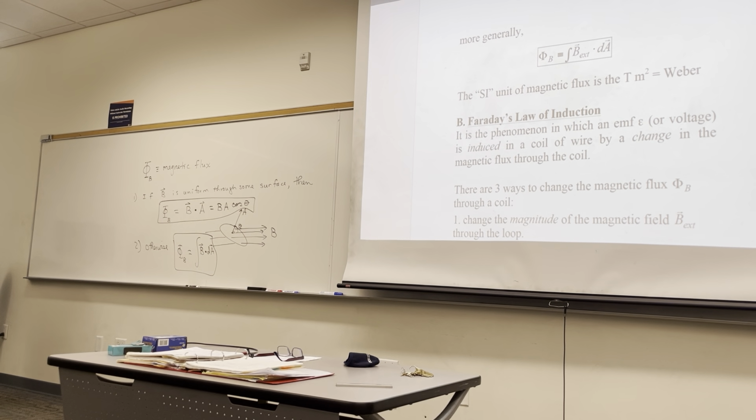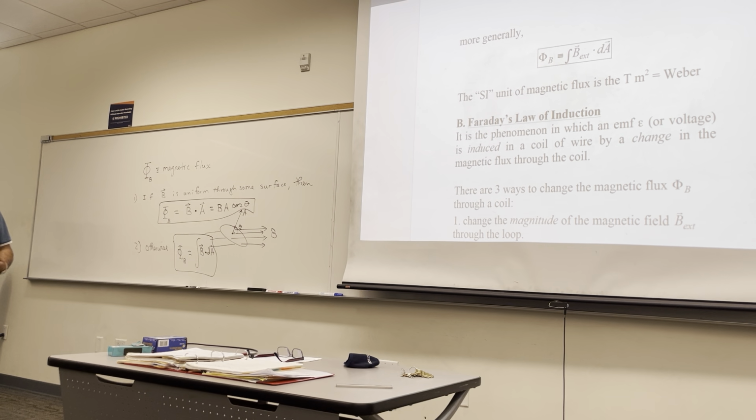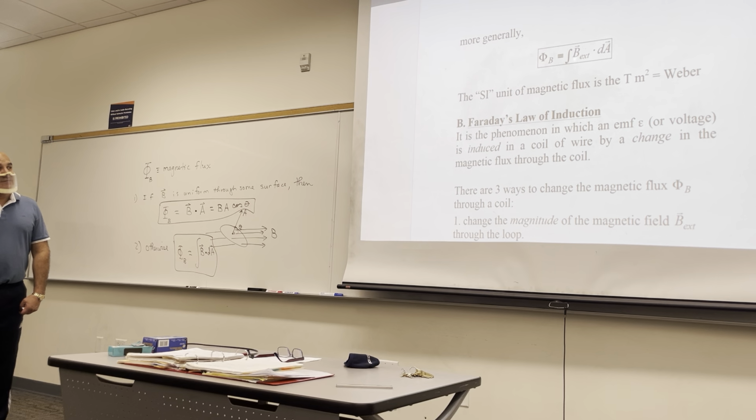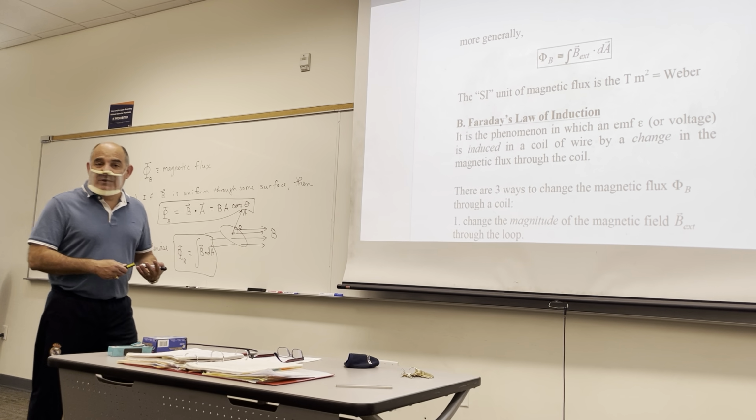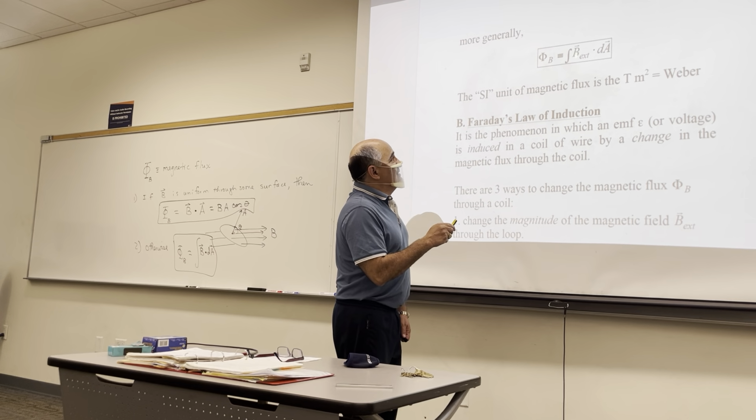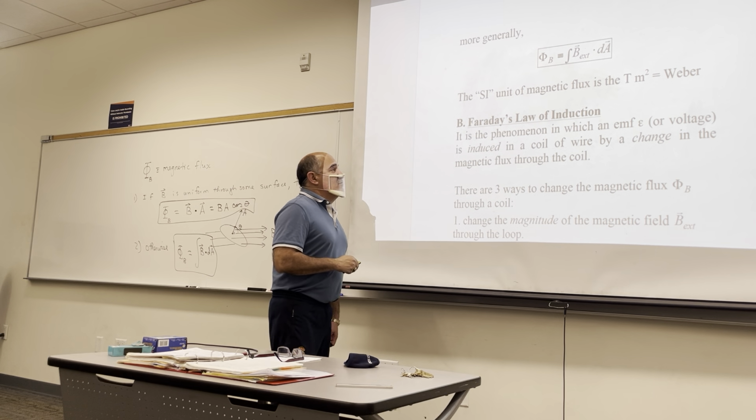And magnetic flux is a scalar quantity, not a vector quantity. Notice that it has to be a scalar quantity because it is the result of multiplying two vectors via the dot product. And when you multiply two vectors using the dot product, what you get is a scalar quantity. So this magnetic flux, which is in Tesla meter squared, is a scalar quantity.